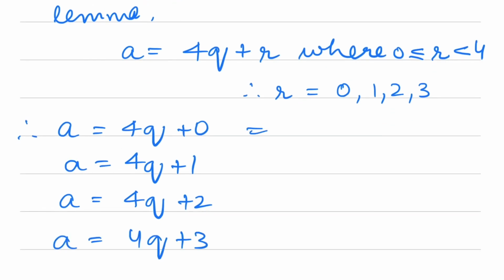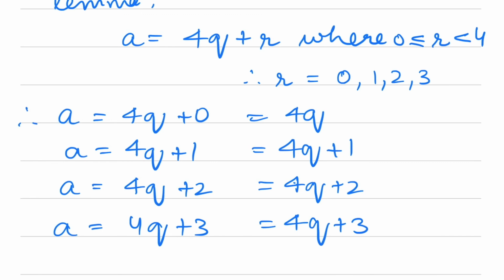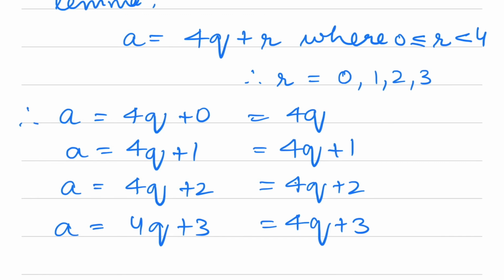So here this becomes 4q, and this is 4q plus 1. This is equal to 4q plus 2, and this is equal to 4q plus 3. As 4 multiplied by q will give me an even number, this is an even number and this is also an even number.